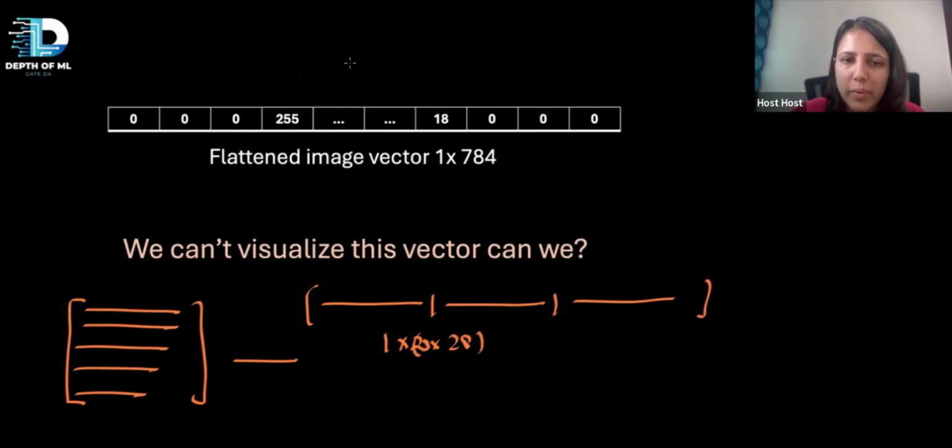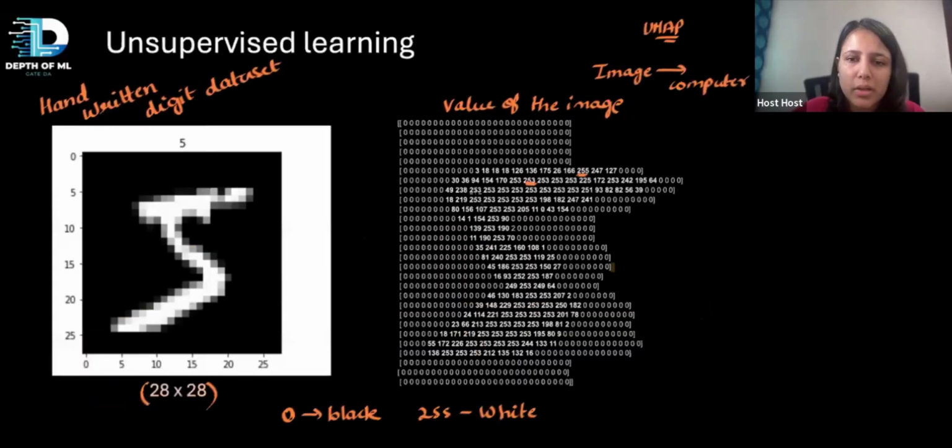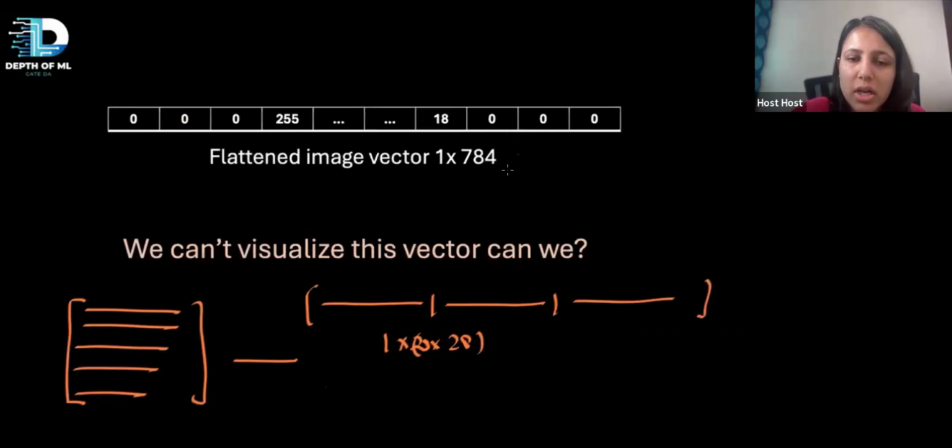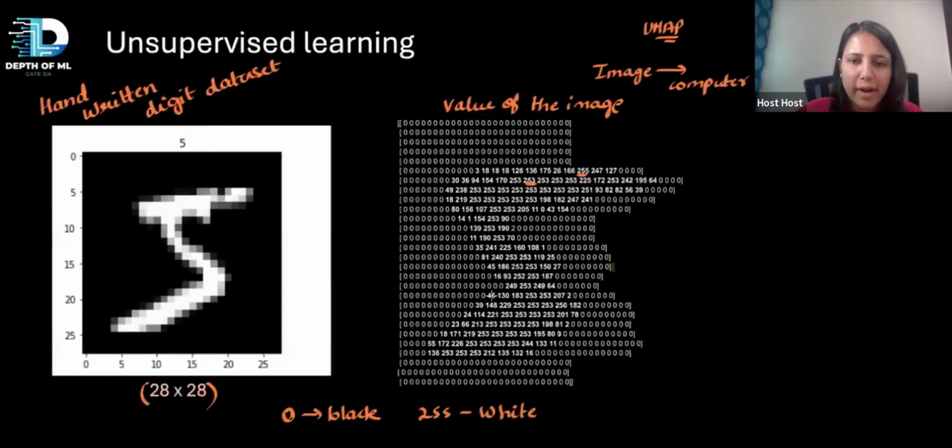This is the flattened image vector for this image. Probably the numbers are not correct, but you can flatten out your image. So this is a 1 cross 784 vector that you're seeing. I have just flattened it out.